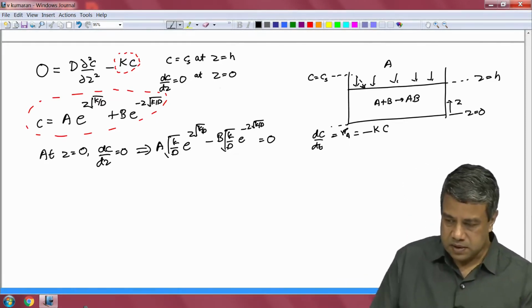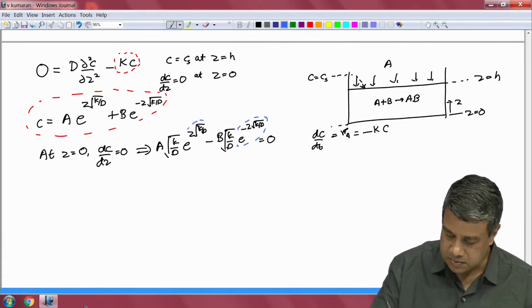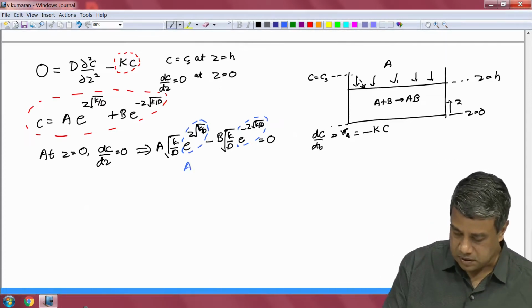And at z is equal to 0, these exponentials are both equal to 1. Therefore, you get A is equal to B.